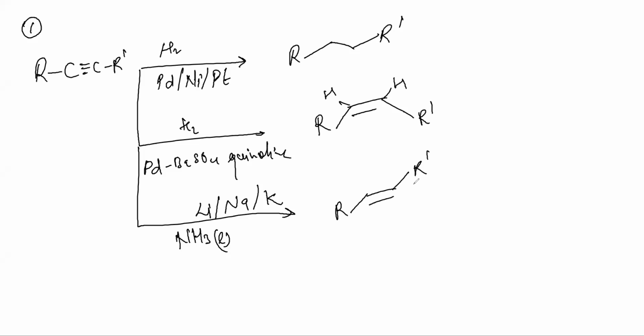Complete this fast. Okay, so this is the first reaction. I told you it will be a revision of alkene. You will see that mostly the reactions are similar to alkene. Not a very big difference is there.